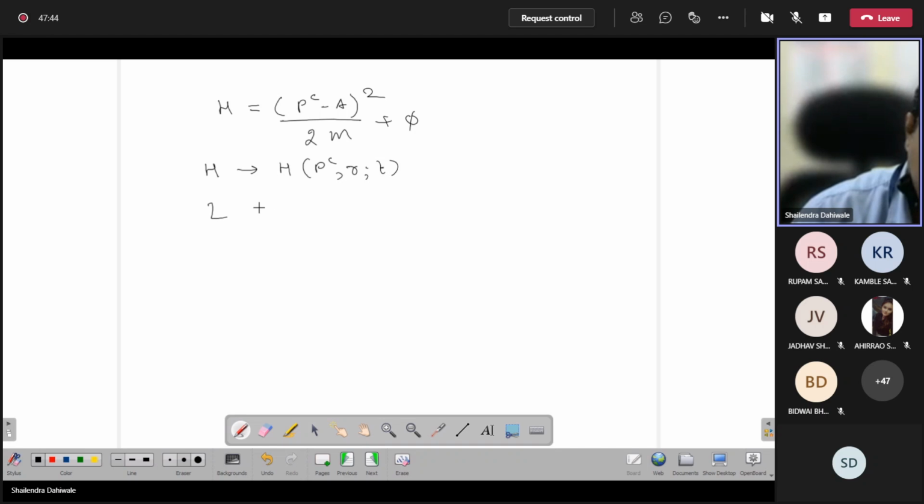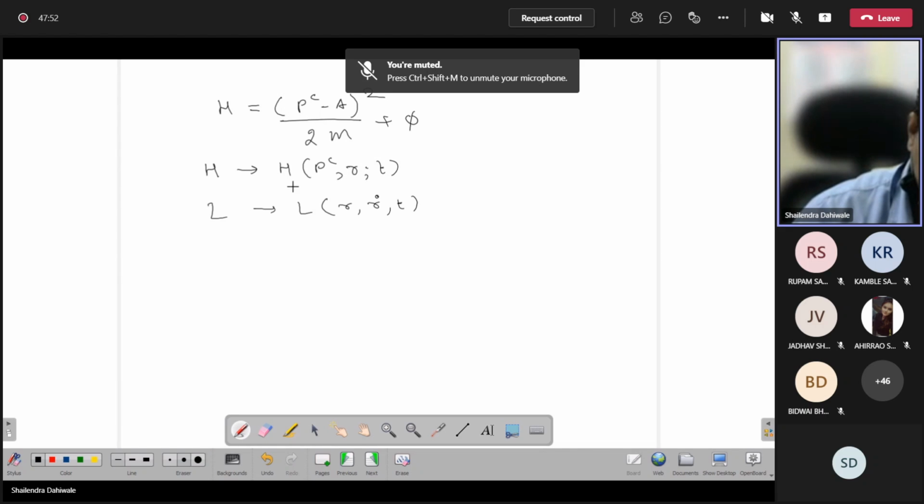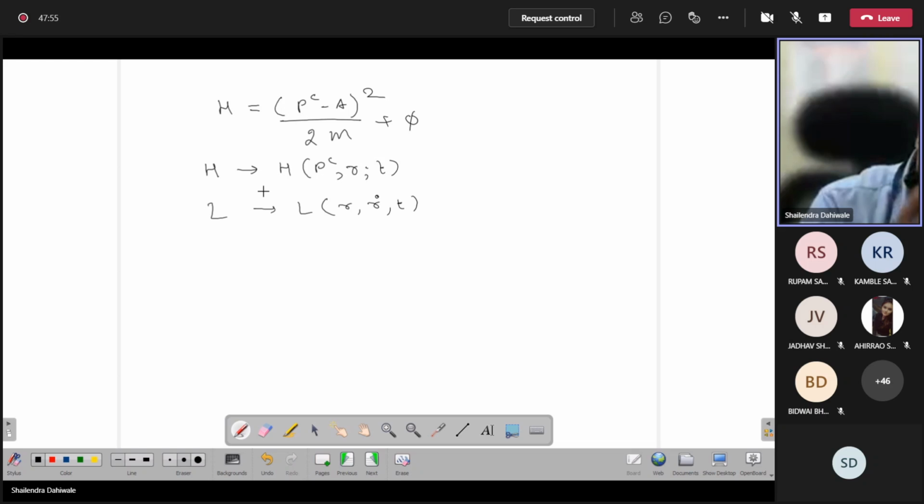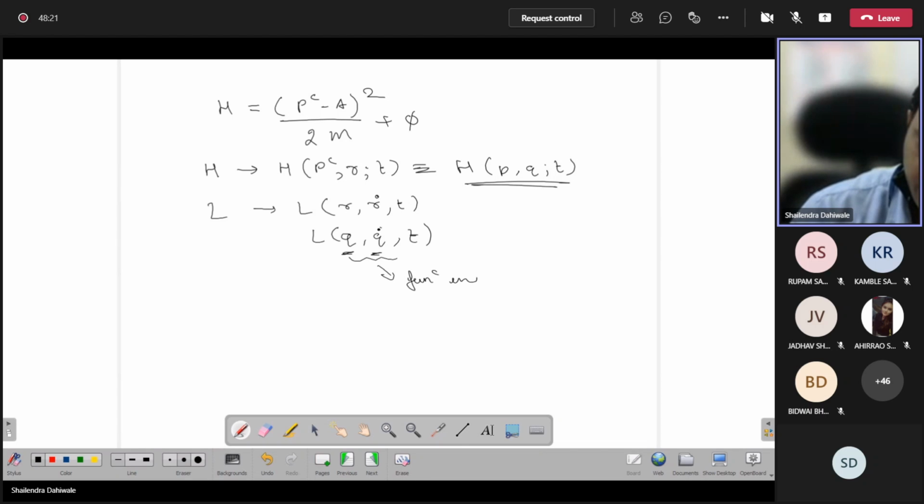Usually your Lagrangian, in general, you write as L of Q, Q dot, and T, and H you write as a function of P, Q, and T. Here you should be careful that Q and Q dot are not functionally independent.